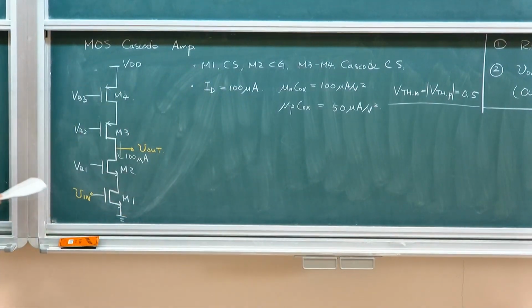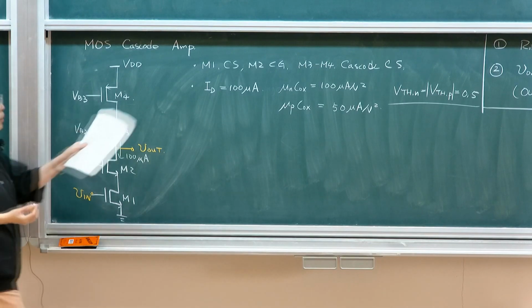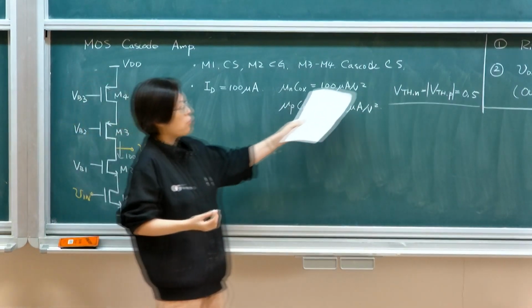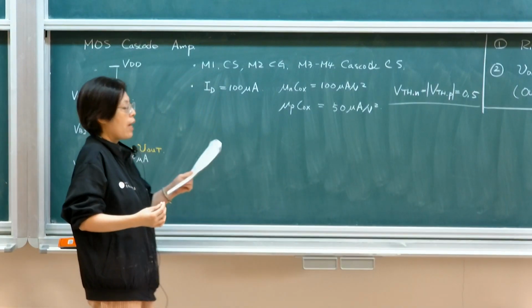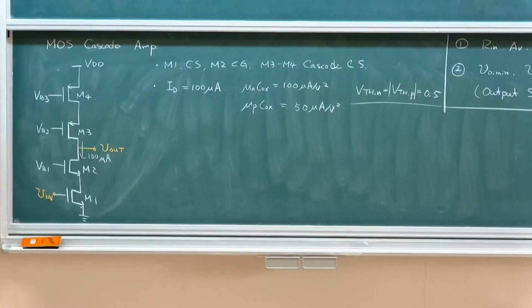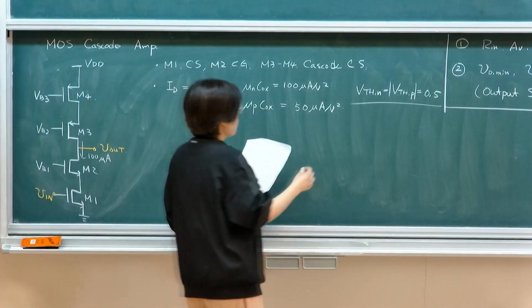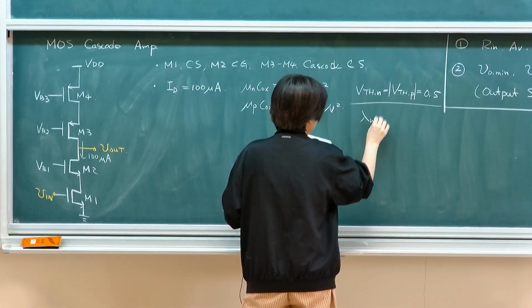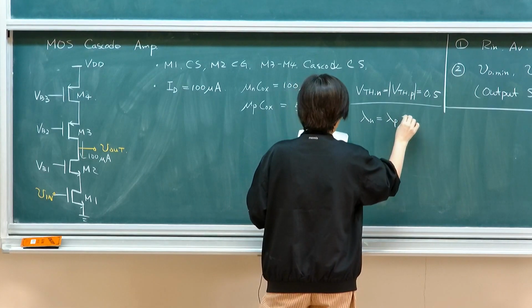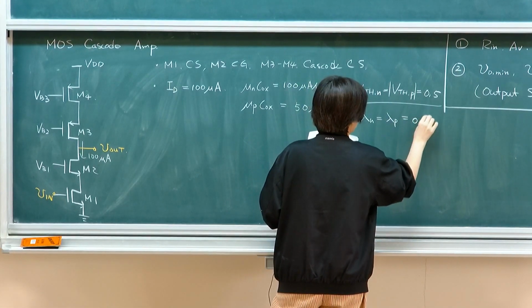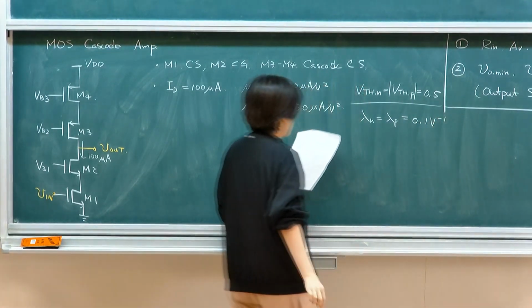For CMOS technology, you basically want to have more symmetric behavior of both. Even though there's nothing we can do about mobility, for threshold voltage you want to make it as symmetrical as possible. There are ways to manipulate it so that it will be mostly identical. And the channel length modulation is also the same. We're assuming that they are the same.